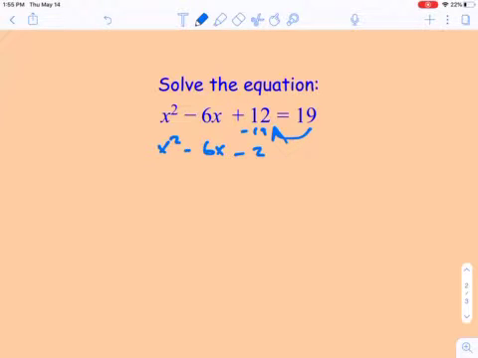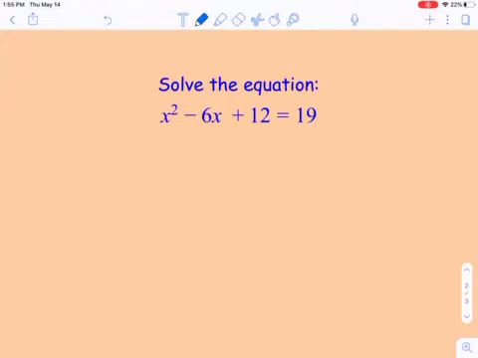The only factors of 2 are 2 and 1 that are going to add up in any way, shape, or form to give me negative 6, right? So it's just not going to happen. What completing the square allows us to do is tinker around with it in another way and then come up with a different way to solve it, and I think it's very useful.